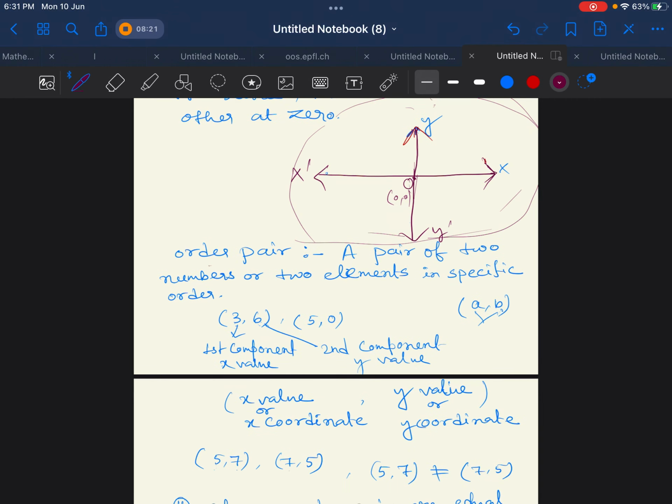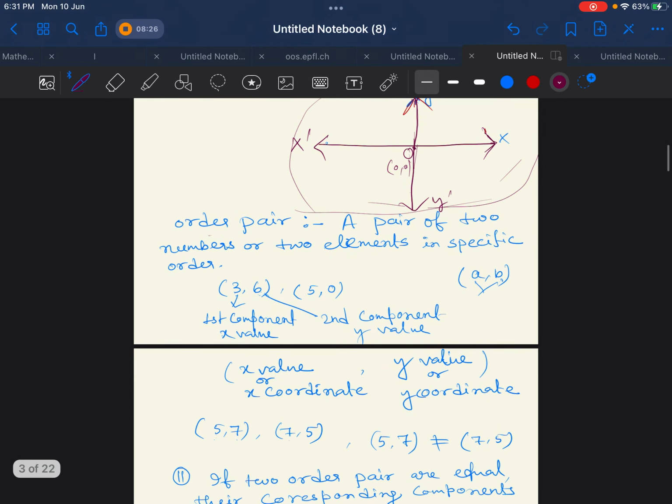Now we have to read ordered pair. What is an ordered pair? A pair of two numbers or two elements in a specific order. So (3, 6), let's suppose (3, 6) is an ordered pair and (5, 0) is an ordered pair. Here this is the first component and this is the second component. The first component is always the x value and the second component is the y value.